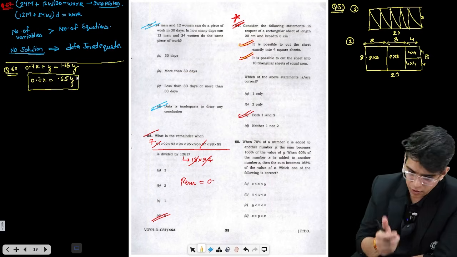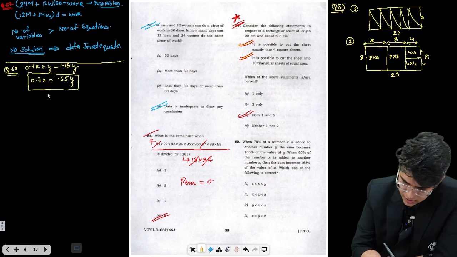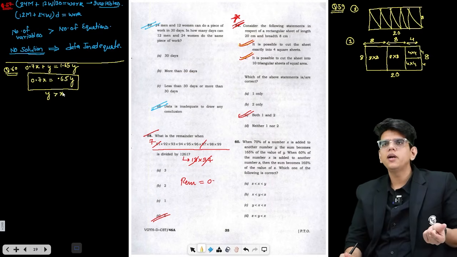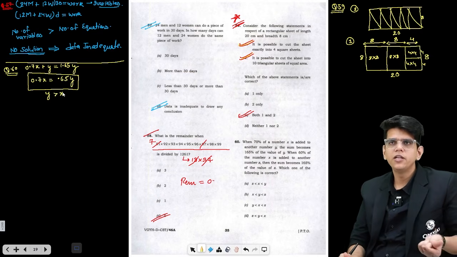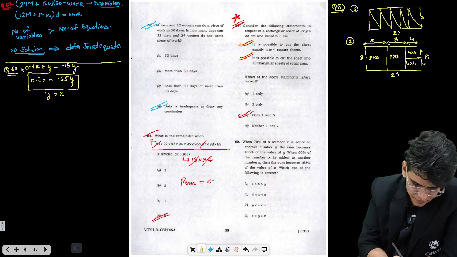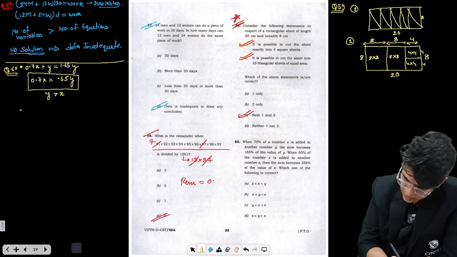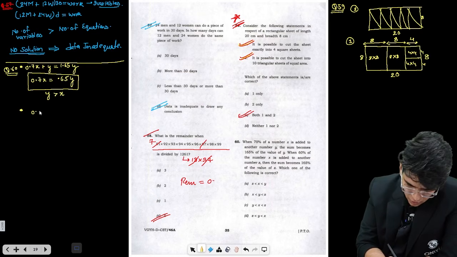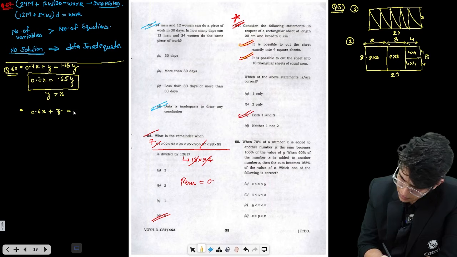Okay. From this you can conclude y is greater than x, because for equating you needed to multiply y with a lesser value. That means y is greater than x. Second, this is the first point. What is the second point? When 60% of x, 0.6x, is added to another number z, the number becomes 165, which is 1.65 z.